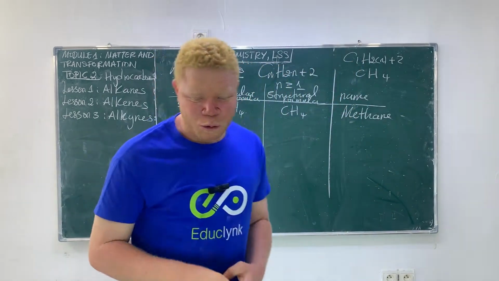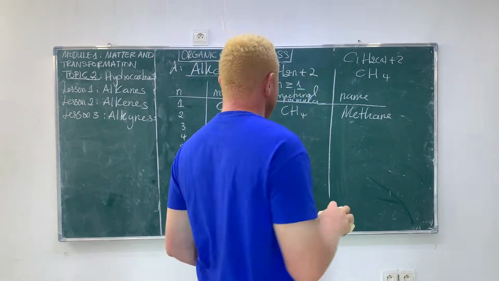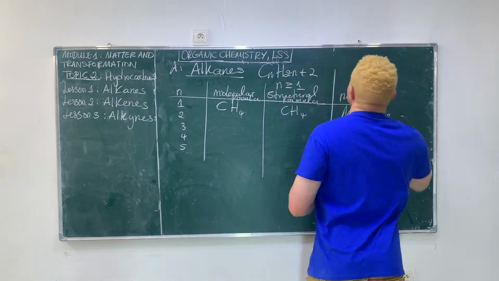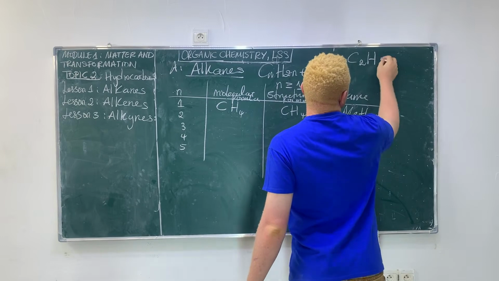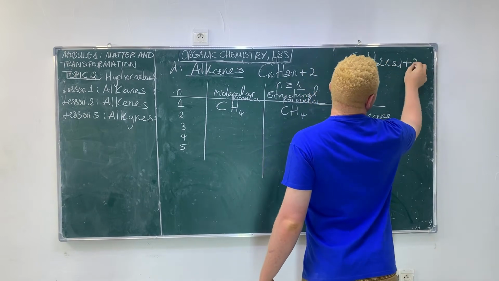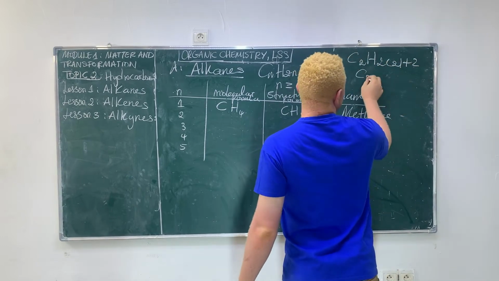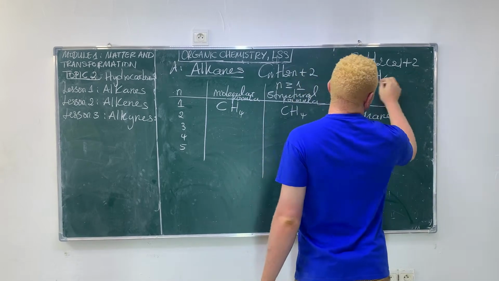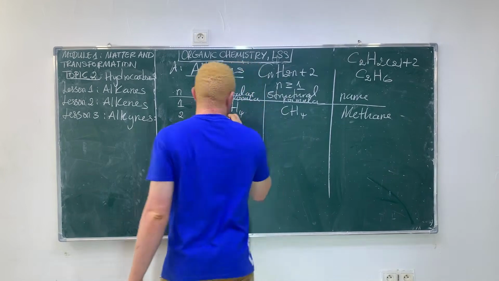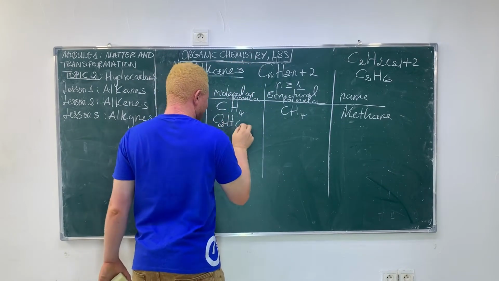Let me put 2 in the formula. We're going to have C2, H2 into 2 plus 2, that is 2 times 2, 4, plus 2, 6. C2H6.